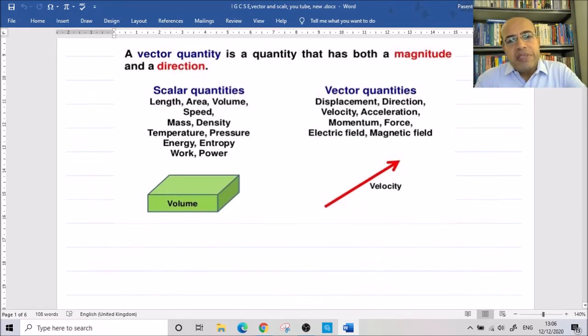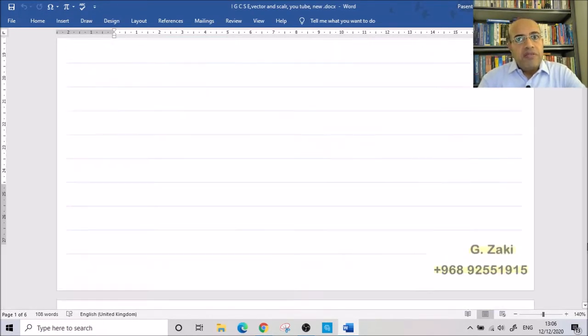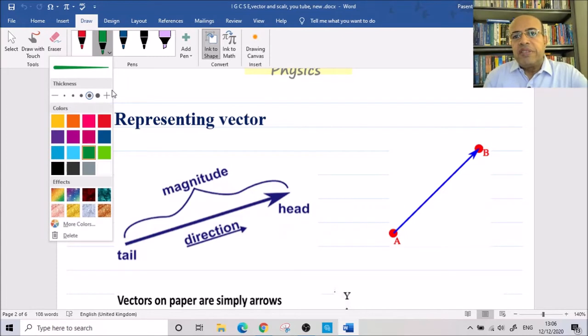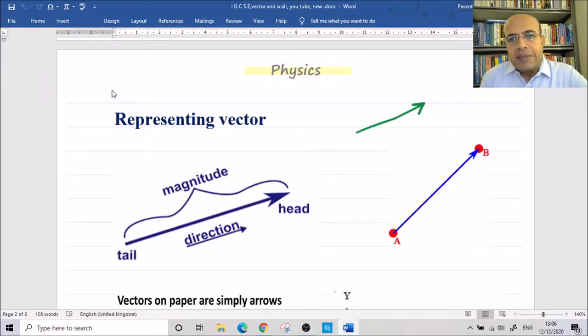How can we represent a vector? We represent the vector by an arrow, like this. The length of the arrow gives us the magnitude of the vector, and the direction of the arrow gives us the direction of the vector.